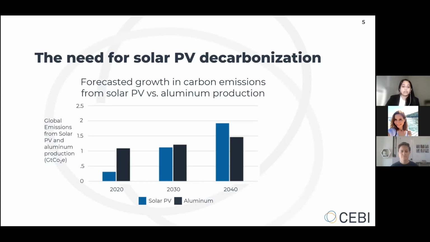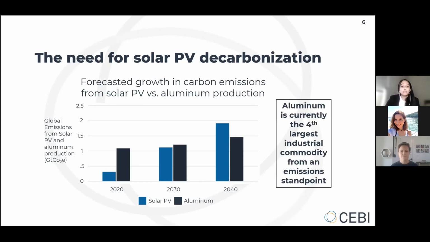So if you look at this graph, you'll see that we have compared the forecasts for solar PV emissions in blue to those of aluminum in black. Why aluminum? Because aluminum is currently the fourth largest industrial commodity from an emission standpoint, representing about 2% of all global emissions.